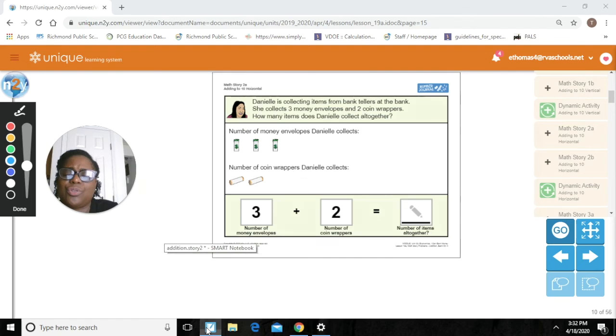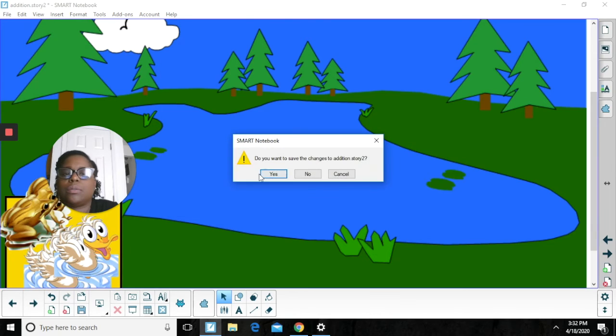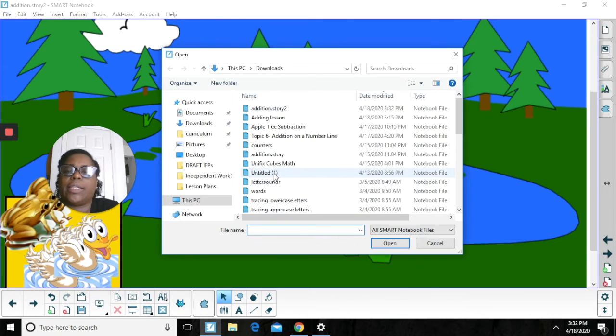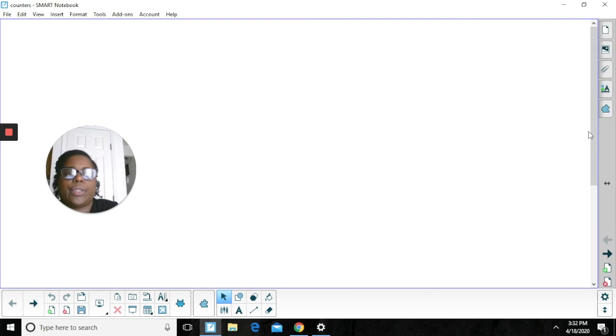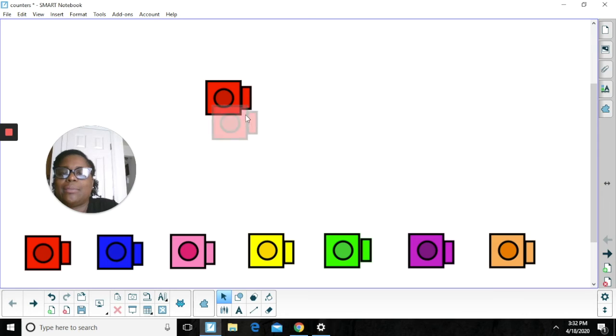I showed you that when we did the pond, the animals on the pond, but I'm going to show you another way when you're putting groups of items together, okay? So if you see here, I have some counters. So remember she had 3 items, so you can pull out your 3 items like this.